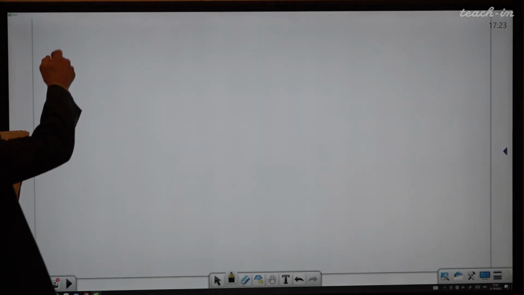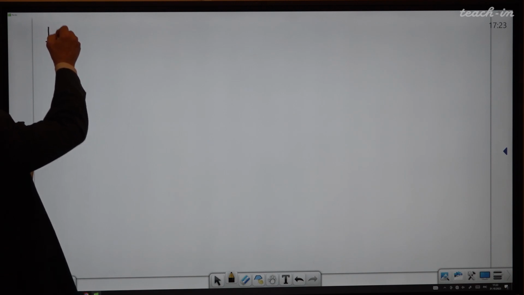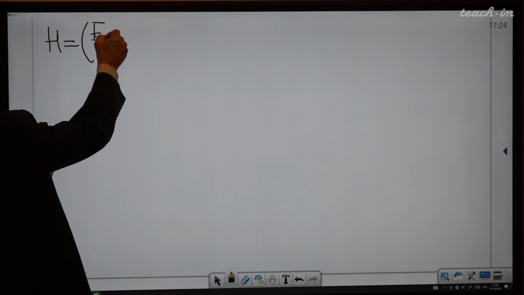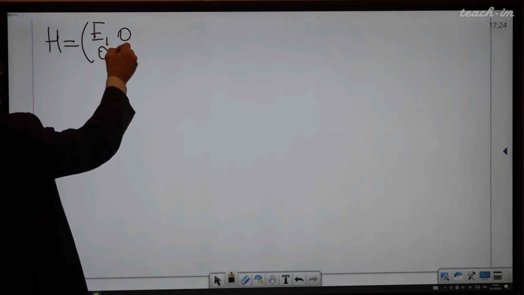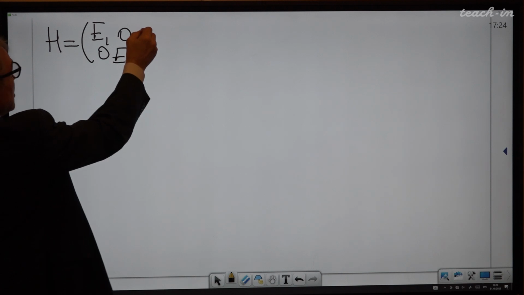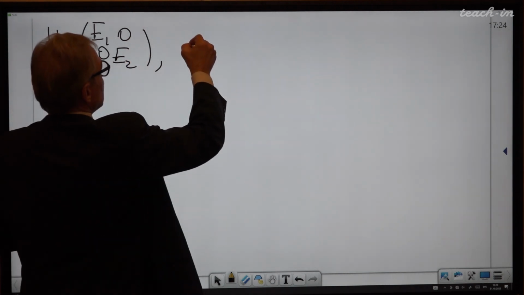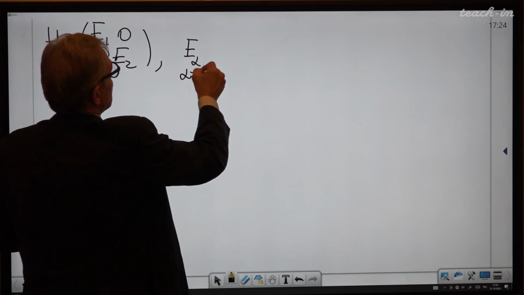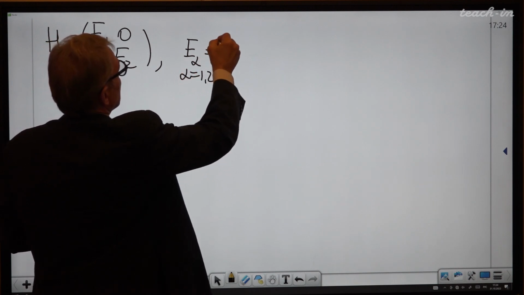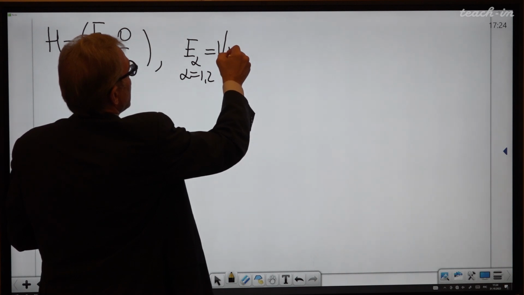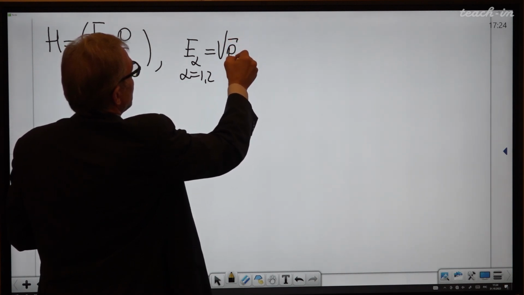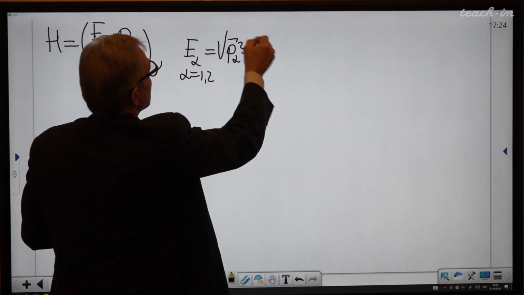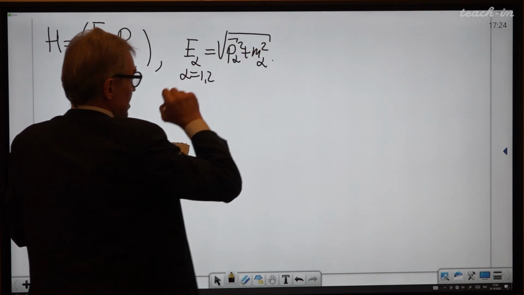So we postulate that the Hamiltonian of evolution of mass states is given by the energy of these two neutrinos, and we consider relativistic neutrinos. We consider the two-neutrino case. This is the momentum of the neutrino squared plus the neutrino mass squared.